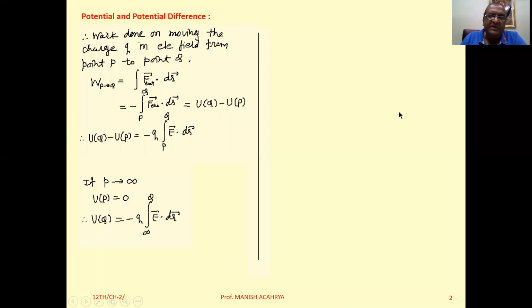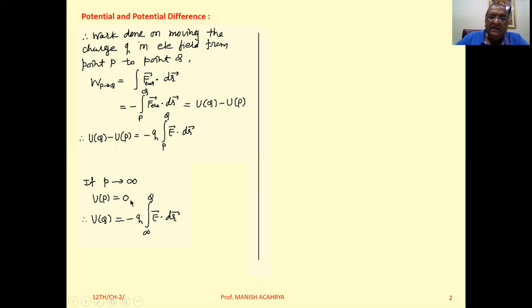Now suppose we take the initial position P at infinity. Infinity means outside the electric field. Now if the charge itself is outside the electric field, then the potential energy possessed by it will be equal to 0, because there is no effect of the electric field on it.